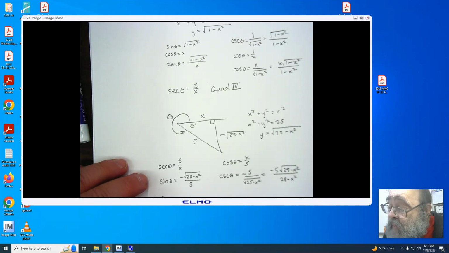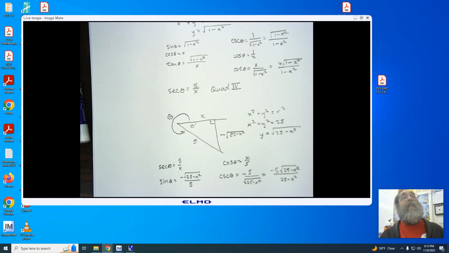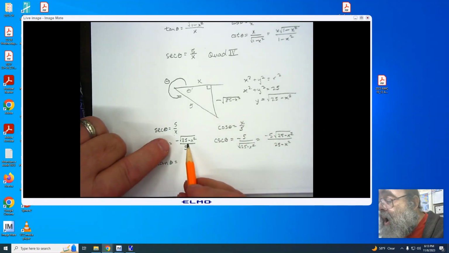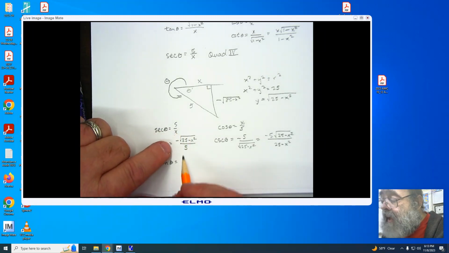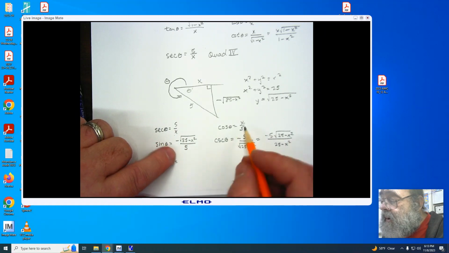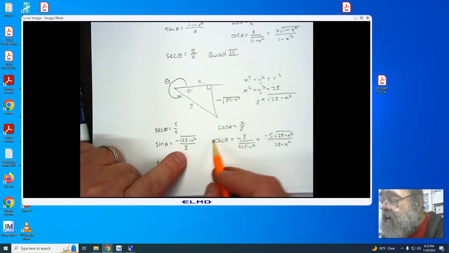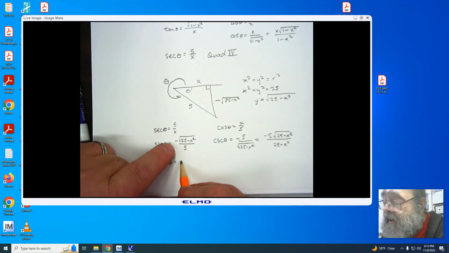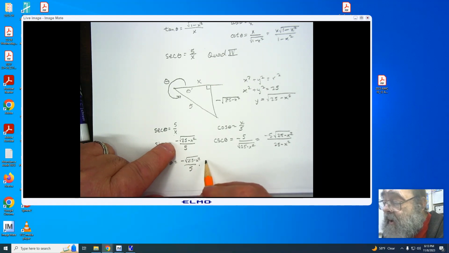And now I have the more difficult tangent of theta. The reason why this is more difficult is because I have two fractions. I have y divided by x, and the y divided by x is going to cause the 5's to reduce. So we're looking at these two right here. And I'm going to make sure that I put it as negative square root of 25 minus x squared over 5 times the reciprocal 5 over x.